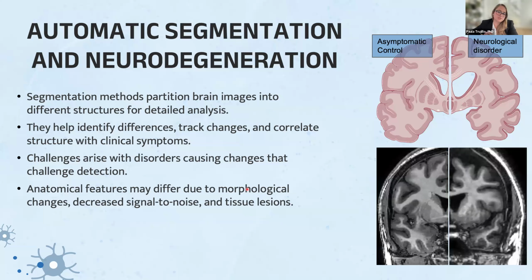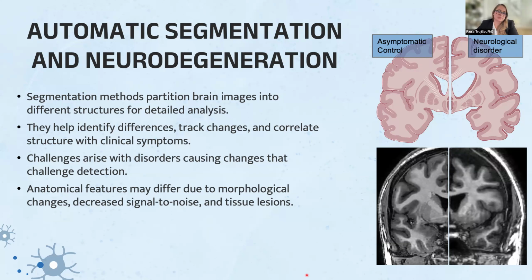So automatic segmentation methods in MRI volumetry are often trained using images from normal controls to learn the typical appearance of brain structures. But these methods may encounter challenges when they are applied to pathological conditions such as MSA, where there are diverse anatomical changes that can alter how the images look.